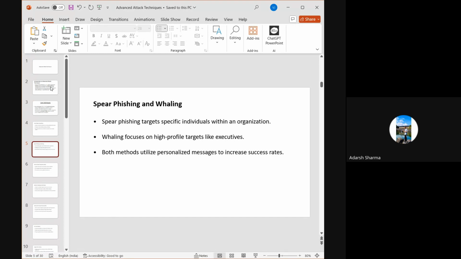Yes, correct. So in spear phishing, we are targeting a limited, or fixed, number of people, a group of people, or an individual. Whereas in whaling, we are targeting people with high authority.